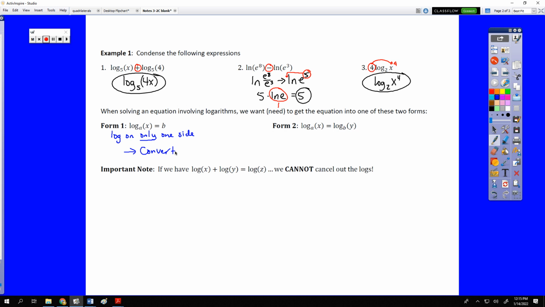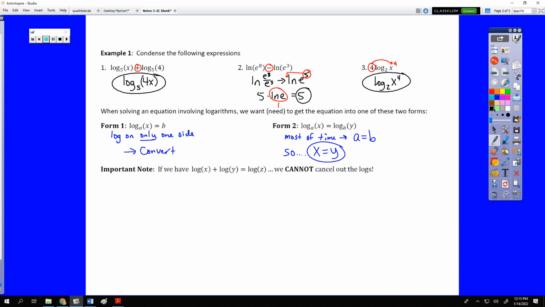And you will run into equations with a log on both sides. Most of the time, the bases will be the same. So that would read A would be equal to B. And if that's the case, then it's like an exponential. If the bases are the same, you can drop the logarithms and simply change it to x equals y.